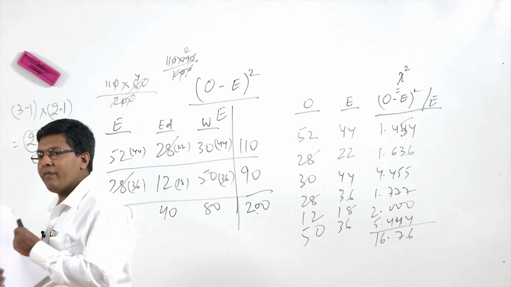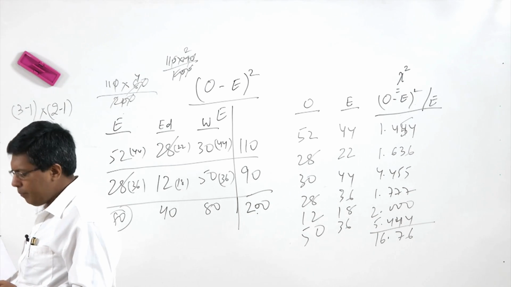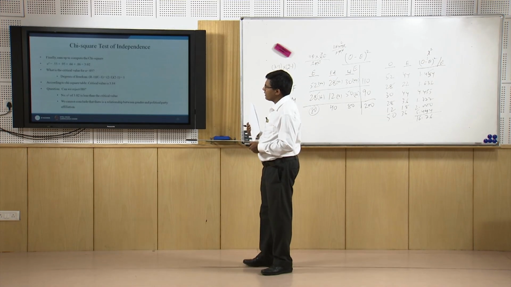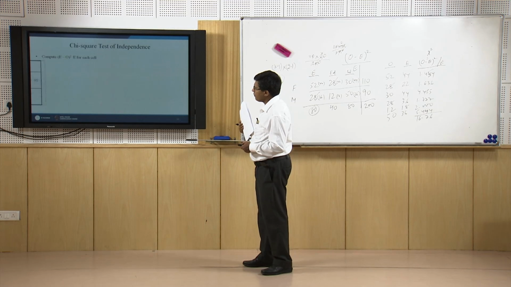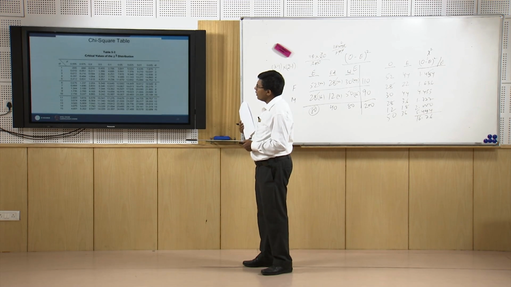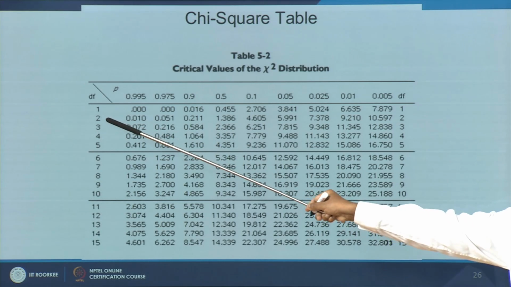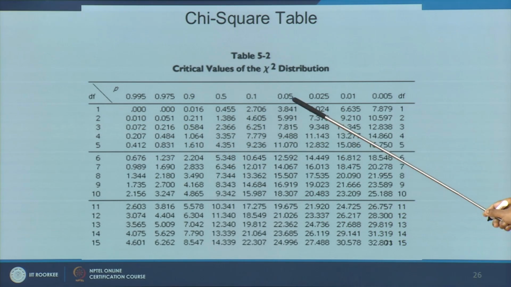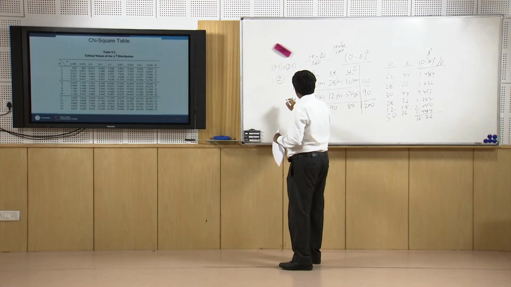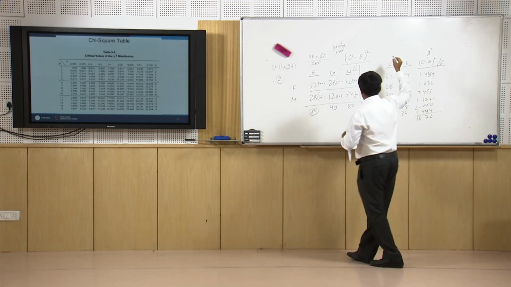We have to find the value for 2 degrees of freedom and check how much it is. For 2 degrees of freedom at a 5% level of significance, the value is 5.991. So, if it is 5.991, where will I draw?